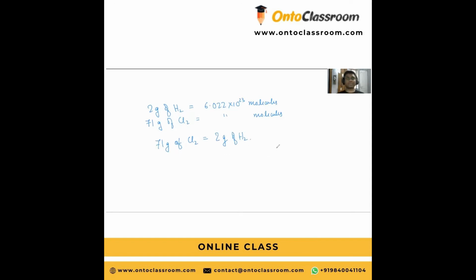Okay, so this was something very important and something which students are afraid of understanding, afraid of applying. But once they get exposure to all this, then they are a bit comfortable. That how can 71 gram of chlorine be equal to 2 gram of hydrogen, right? I'm not saying that they are equal.